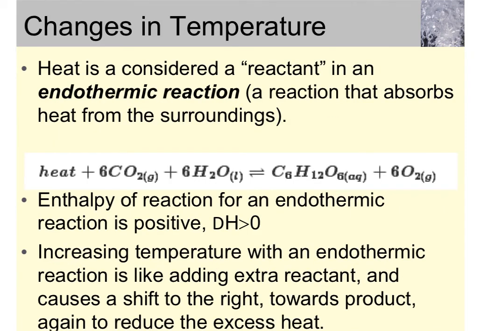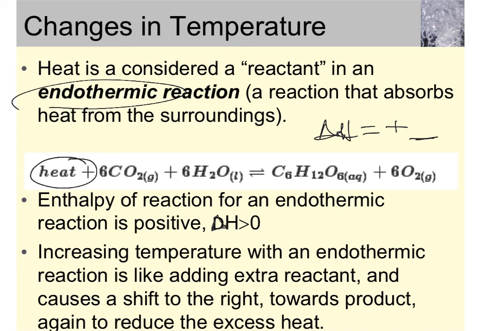Let's look at what happens if we have an endothermic reaction. Again, there are a couple of different ways they could tell. They could give you a delta H value that is positive, which is your sign it's endothermic, or they may write heat in as a reactant, which tells you it's endothermic.